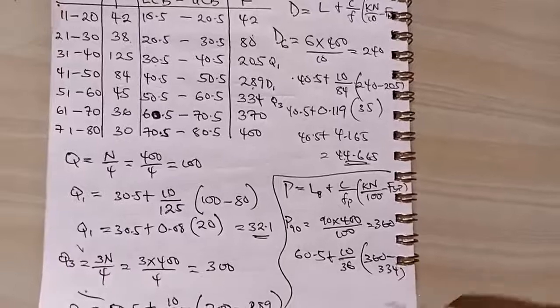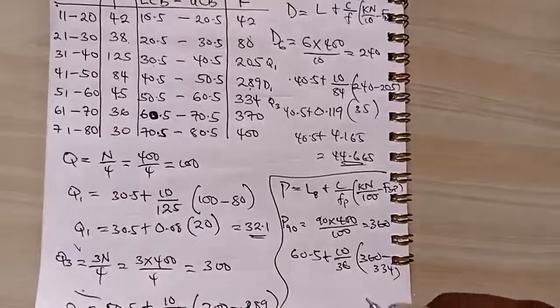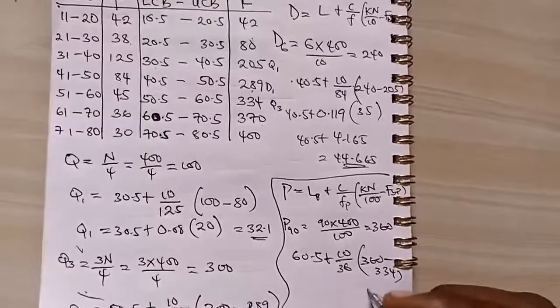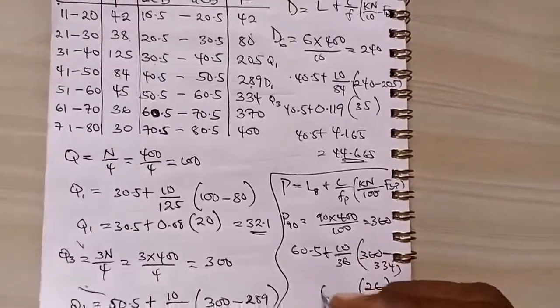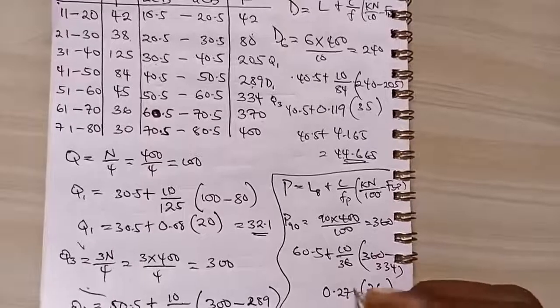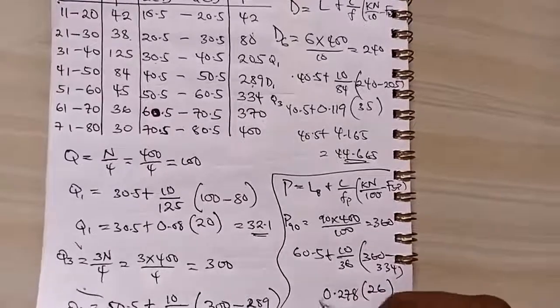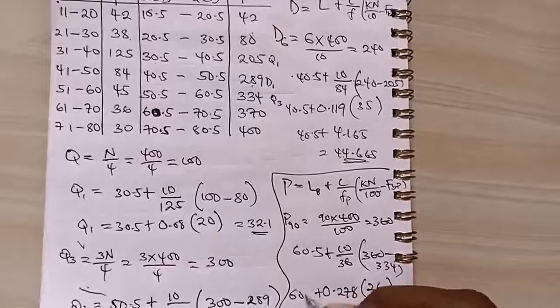If we resolve the bracket alone, we're going to get about 26. Here will give us about 0.278, approximately, then plus 60.5.